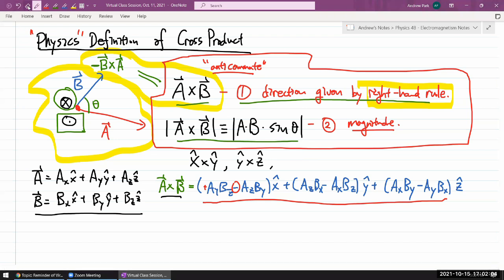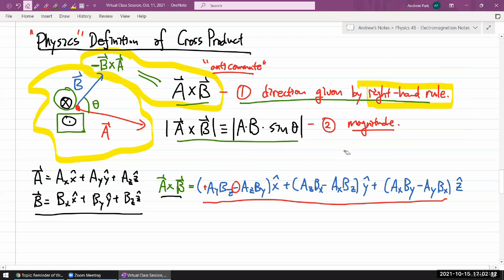The information that would help us draw the connection between the two is what the cross product of a coordinate unit vector with another coordinate unit vector is. So if you have two unit vectors that are the same, like x hat cross x hat, I hope you can see that's equal to 0.